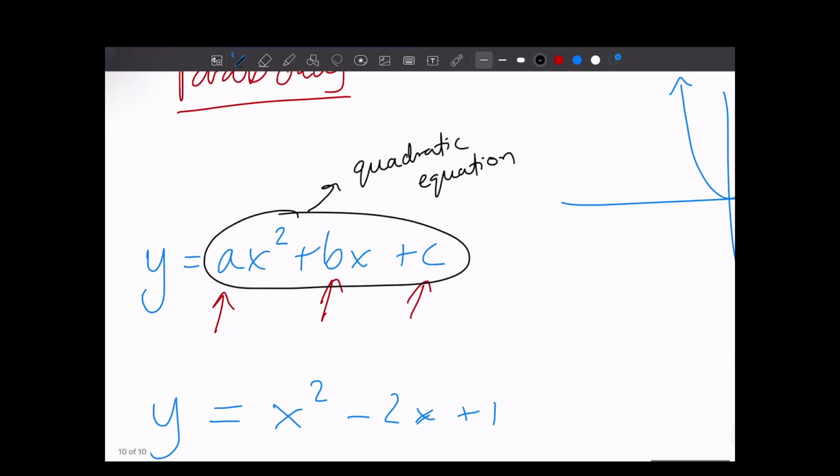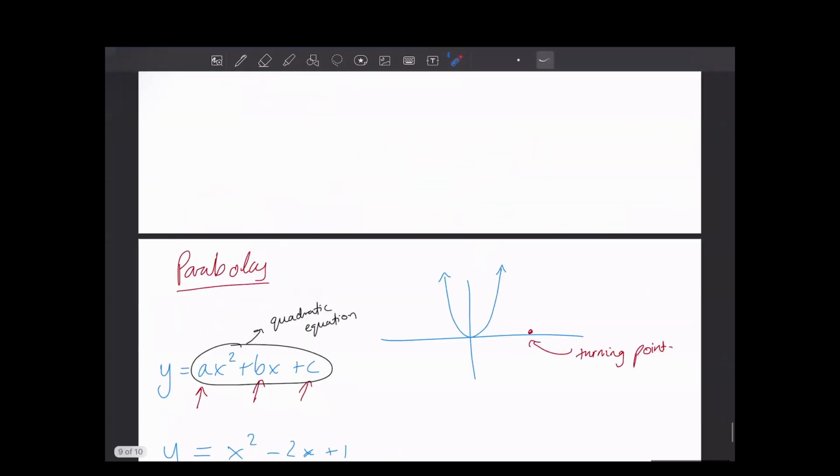As soon as you have an equation where you have this x squared term, it's already a quadratic. It's like the difference between when you had y equals bx plus c, which is called a linear term, right? As soon as you add this ax squared term, it now becomes a quadratic.